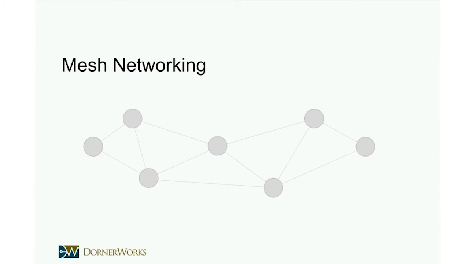So you have more possibilities for that message to get from its source all the way to its destination. It also allows you to have non-point-to-point connections talk to each other. If you look at the graph, the dot farthest on the left and the dot farthest on the right can talk to each other even though they're not directly connected.